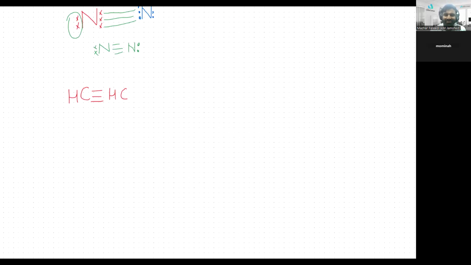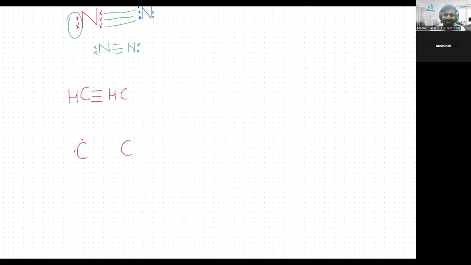This is the carbon, and this is the carbon. So the number of electrons present in the valence shell of carbon is 4.